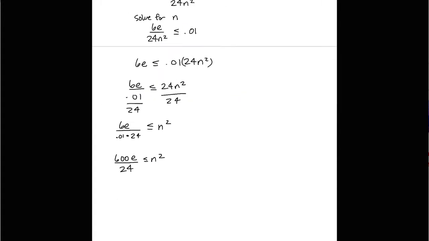And then taking the square root of both sides. Again, we're working in all positive numbers, so we don't have to worry about some of the algebra rules that surround inequalities here because everything is nice and positive. So I get that n must be bigger than or equal to the square root of 600e over 24, which is approximately 8.24.